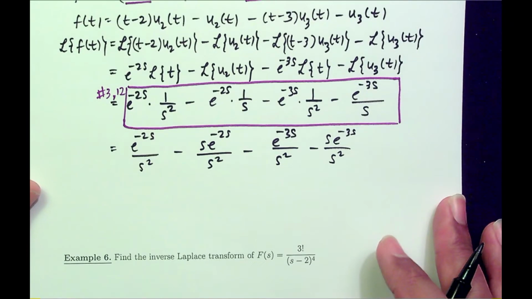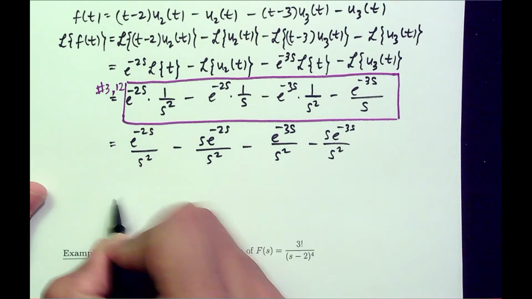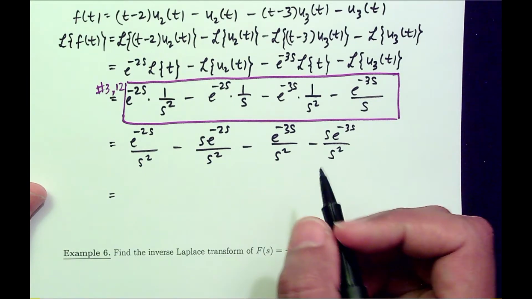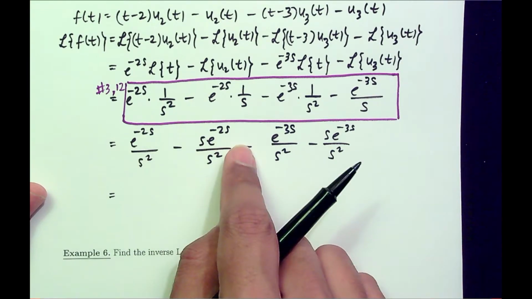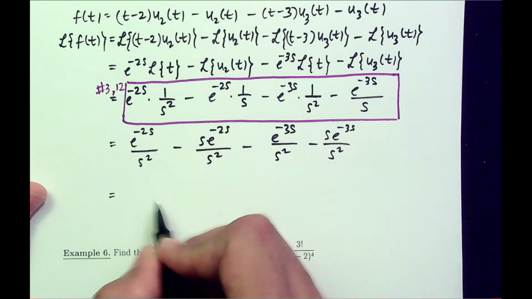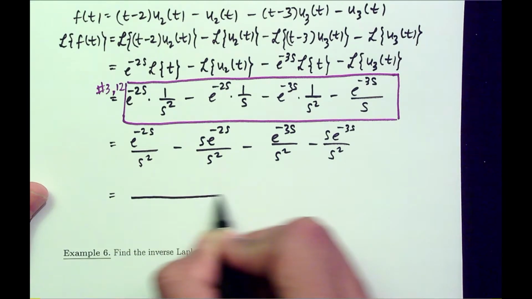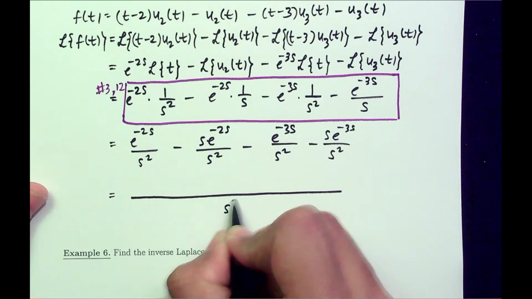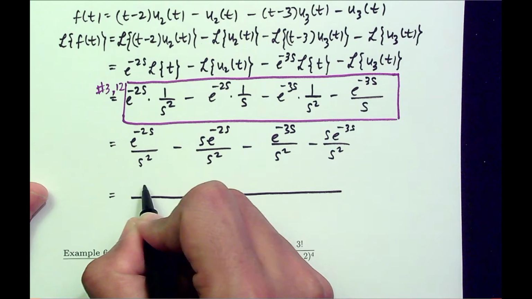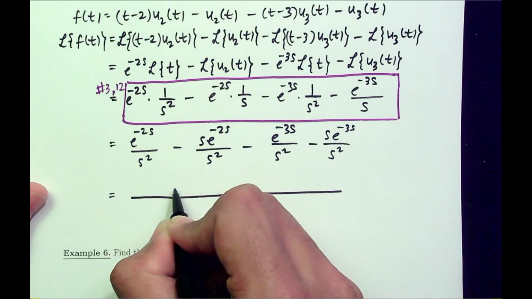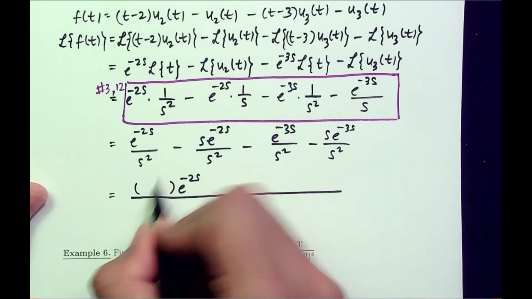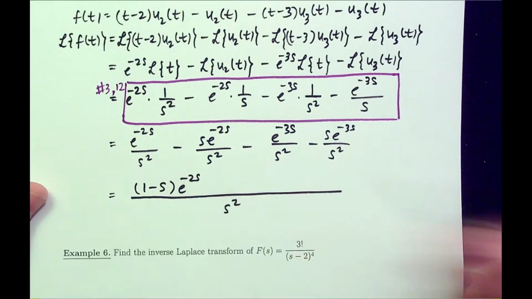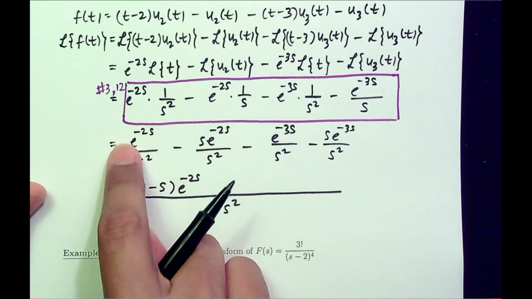Okay, and now let's put everything in a single fraction and collect the terms that have the same e to the negative 2s. I can combine those. So the whole thing is going to be over s squared. Combining these two, e to the negative 2s, when you factor it out, you get 1 minus s.